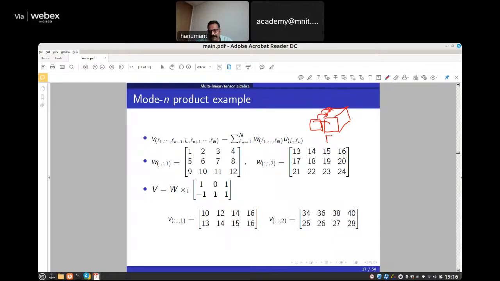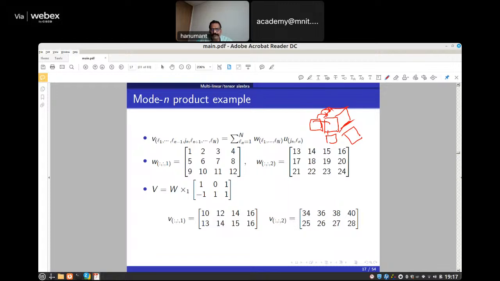If I multiply in this direction, it is the same thing, but I have to see the slices from some other direction and take the slices accordingly.